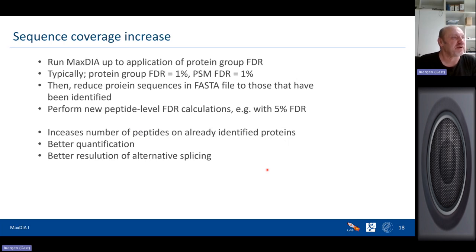Then the next feature is sequence coverage increase. So what does this mean? If you run MaxDIA, it will run through the whole workflow up to the protein group FDR.